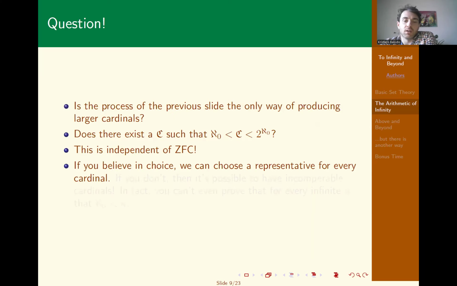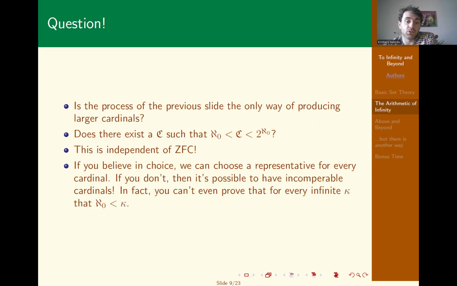Also, here's kind of a jarring fact, speaking of the axiom of choice. If you believe in the axiom of choice, you can choose a representative for every cardinal. But if you don't, then not only is that not necessarily possible, but you can have incomparable cardinals.